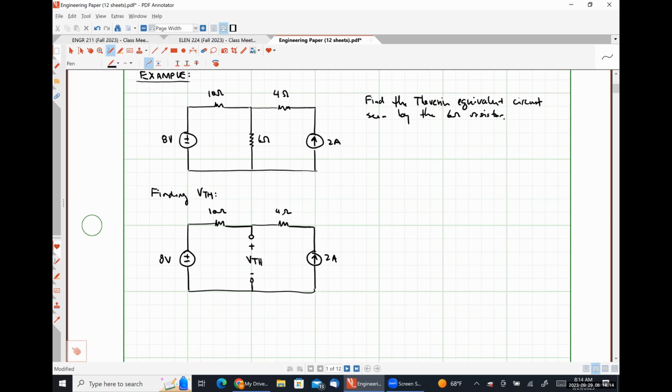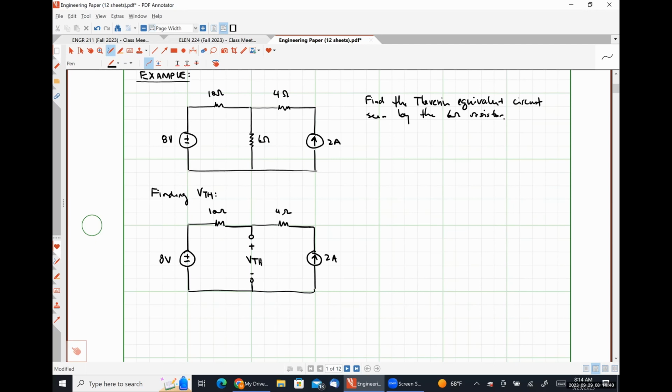But would that actually help anything? I would argue that it wouldn't, because on the right-hand side, we have a current source in series with a resistor, and we can't transform our way out of that. So this is a single loop circuit now. So I would argue that KVL would be the appropriate method to use.